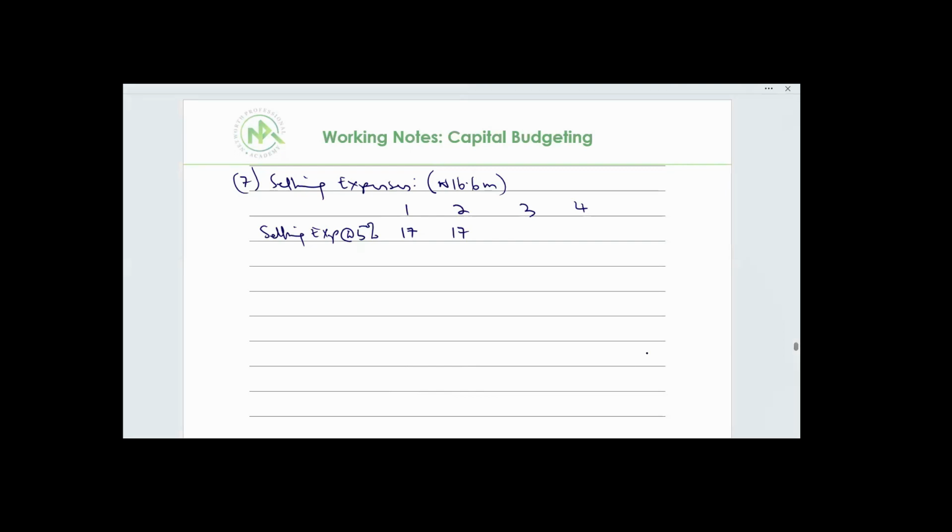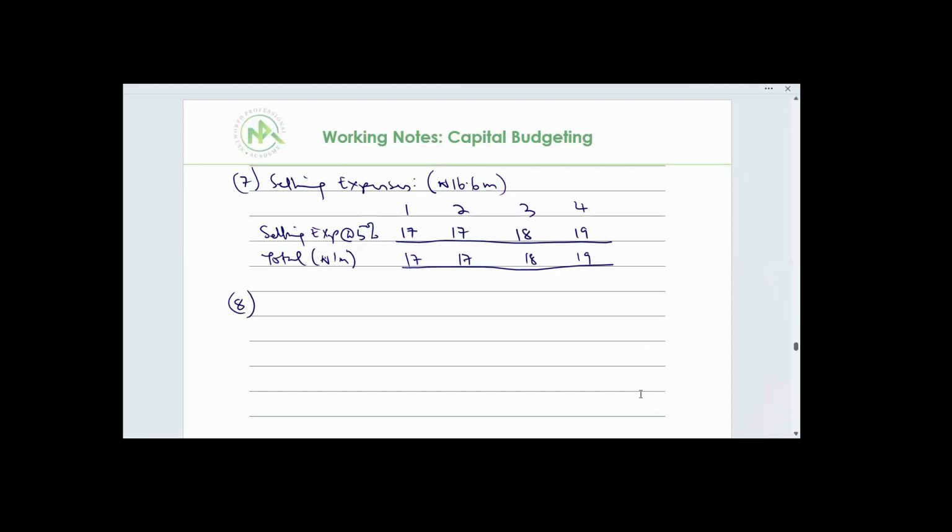Multiplied by 1.05: 19. Thank you. I'm done with that. Total selling expenses rounded to million. Working number 8.